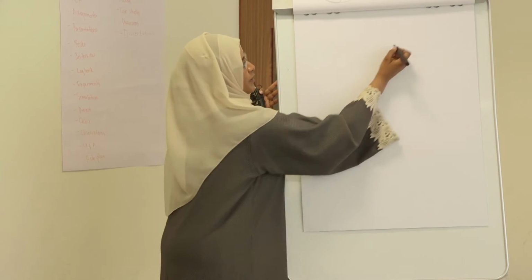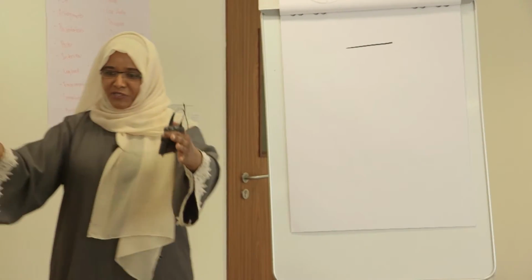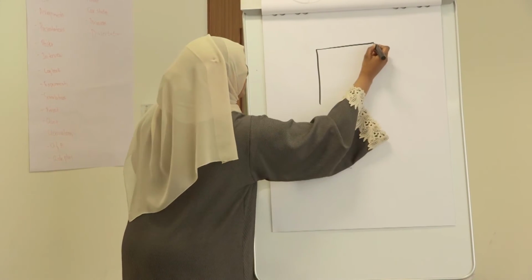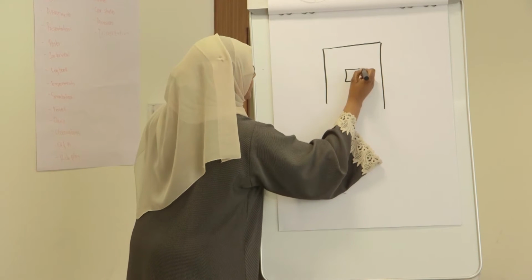Okay? Group of people, just like your situation, sitting around the table in a meeting and discussing their meeting agenda. This is the table, the meeting agenda.